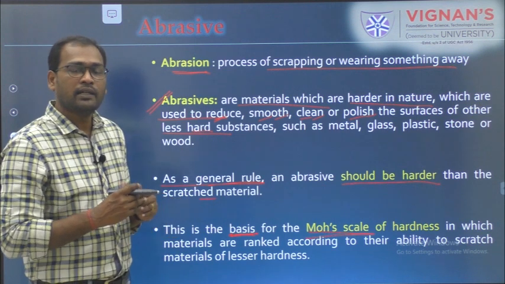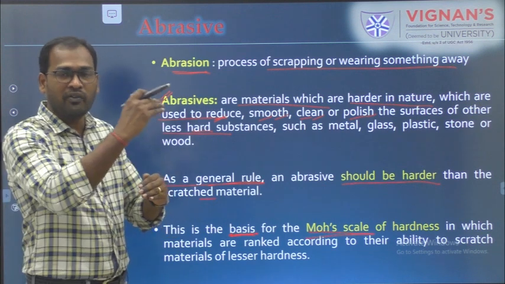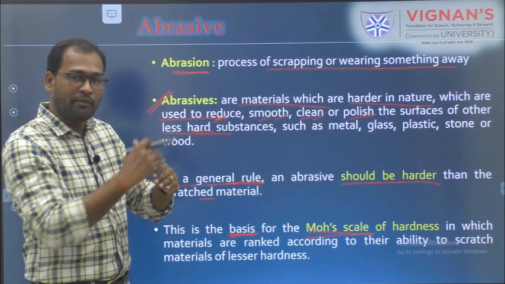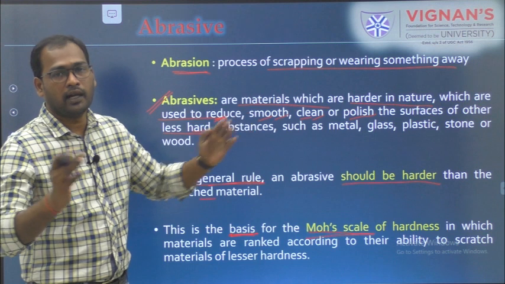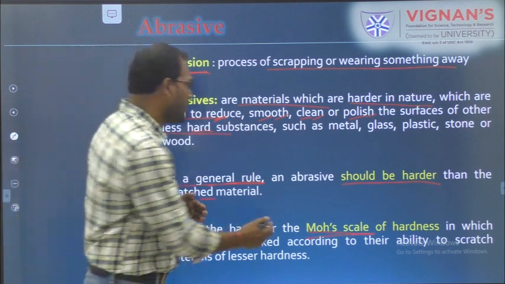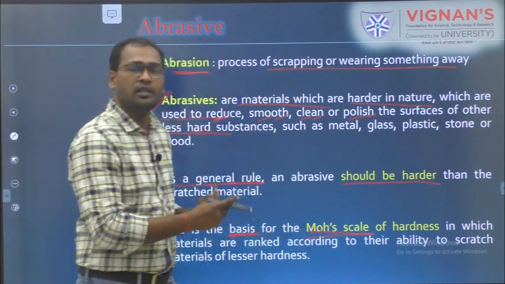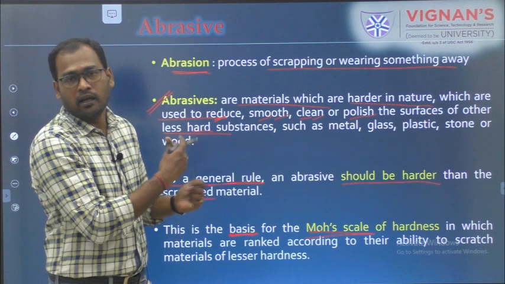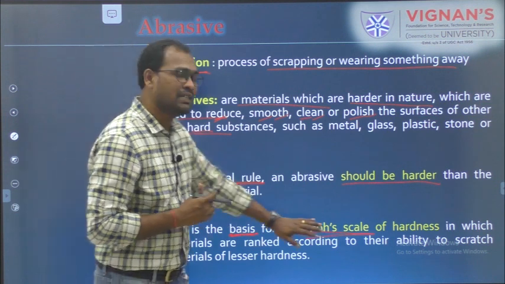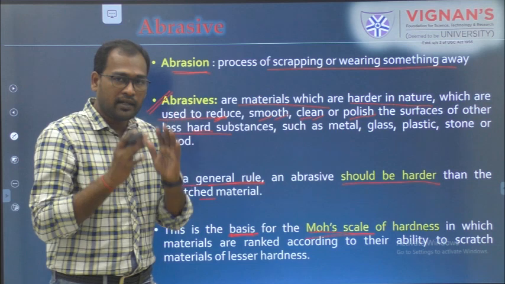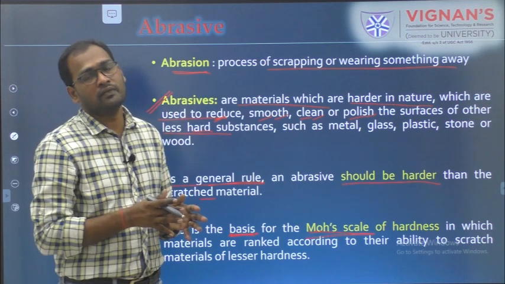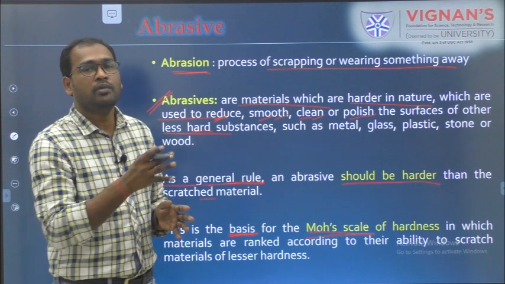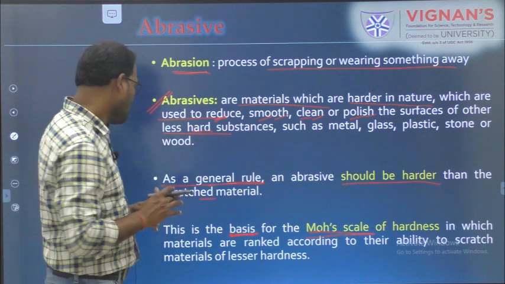It is a type of arrangement where the different abrasives are ordered from lesser hardness to higher hardness. We will see more about this Mohs scale in another couple of slides. So, hardness is very important for an abrasive. Depending on the hardness of the abrasive, it can be used efficiently.